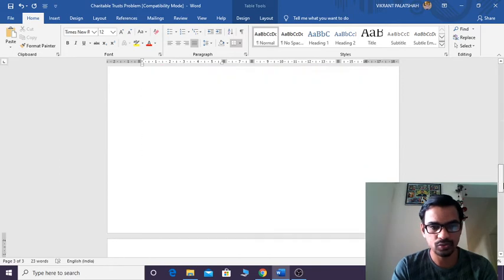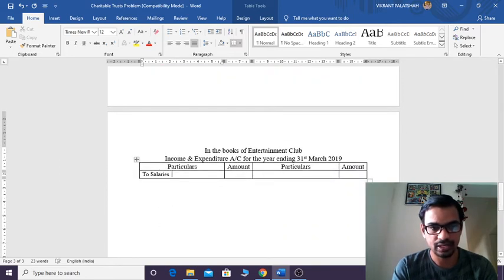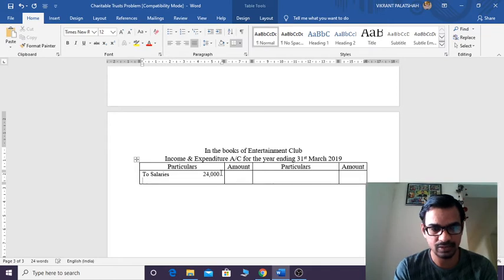First of all, we have to write down the total amount in the inner column. How much is that? 24,000. Then under that we have to add outstanding. Current year outstanding is always added. How much is the outstanding?